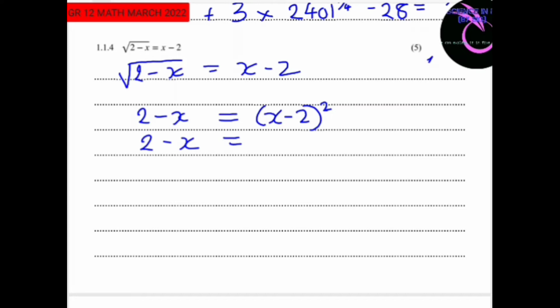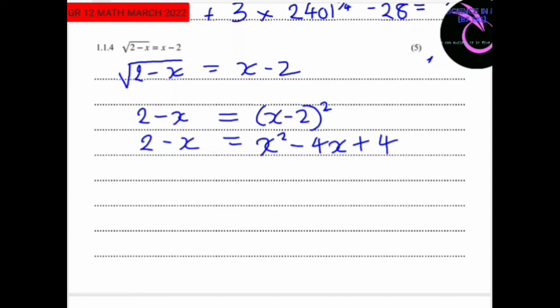At this stage, you should be able to square a binomial in one step. Square the first term, x times x, x squared. Multiply the two terms inside, x times minus 2, and then multiply that by 2, you get minus 4x. Squaring minus 2 times minus 2 gives you a positive 4.